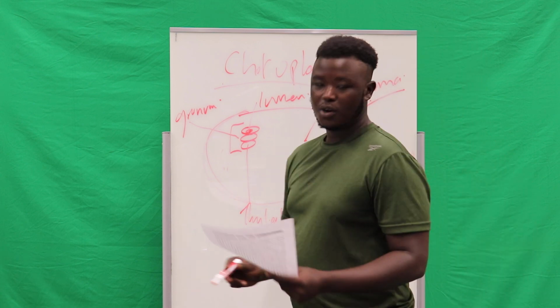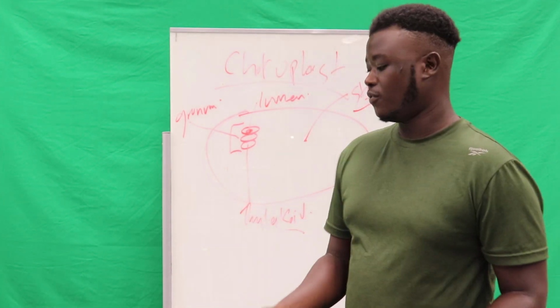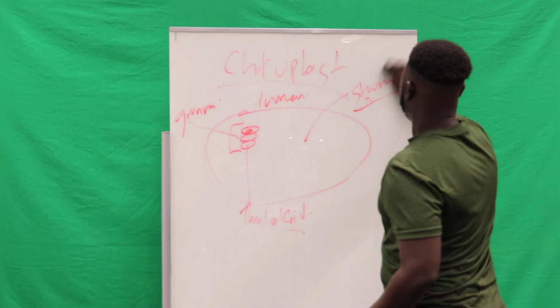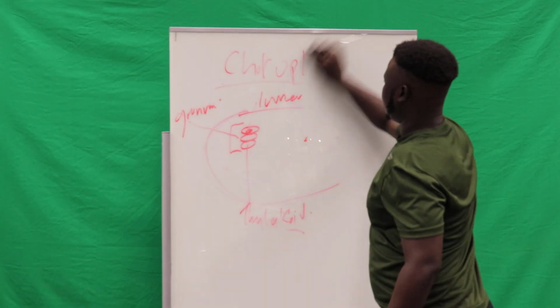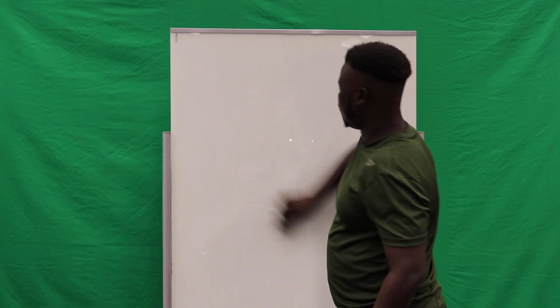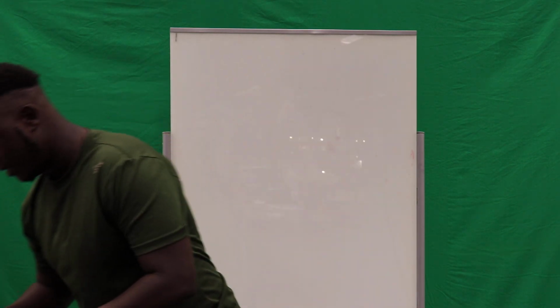So now that we're done with the introduction to the plants, I want to go straight to the definition of photosynthesis in its technical form. So we shall begin with photosystem 2, which is also called the light dependent stage.